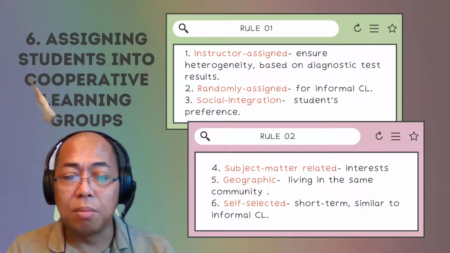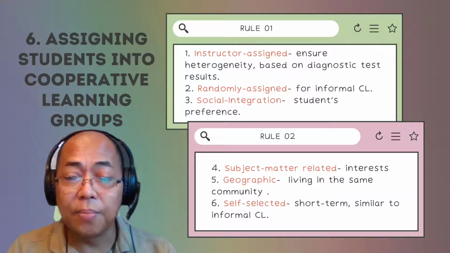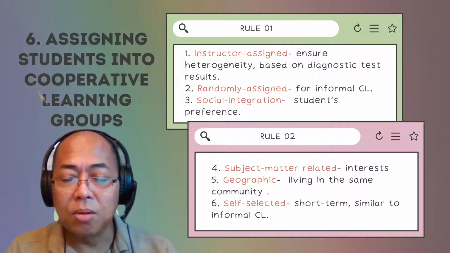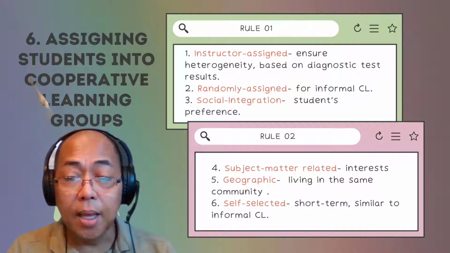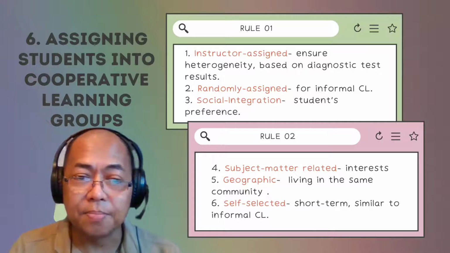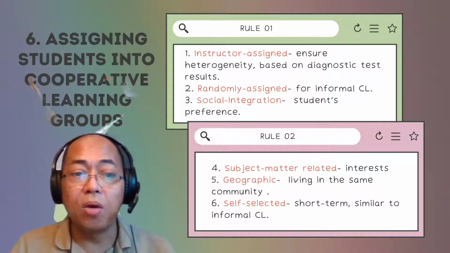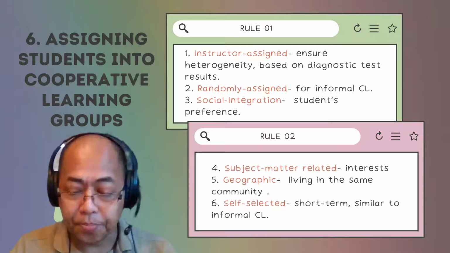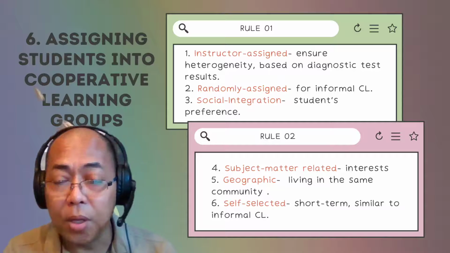So I have a class of, let's say you have a class of 45 students, and you ask them about their interest, the topic, subject matter that they would like to go into. And you group them according to their interest, subject matter interest.